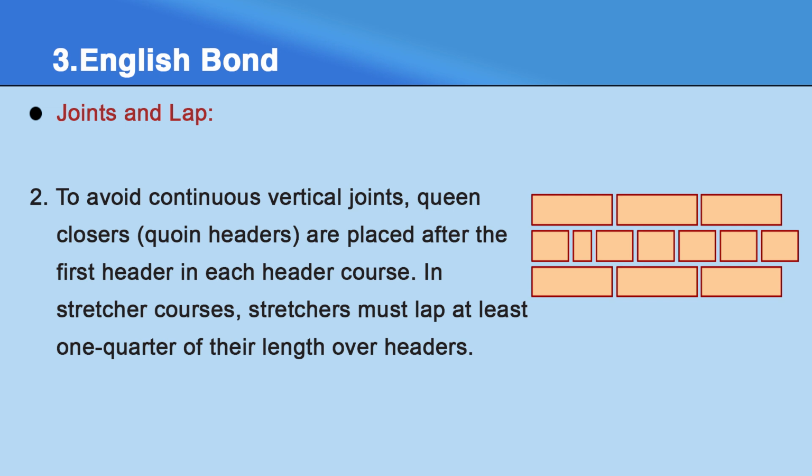This placement ensures that the joints do not align vertically over successive courses, reducing the potential for cracks.